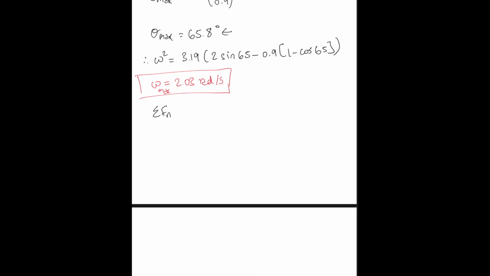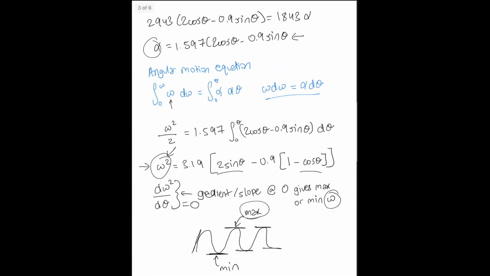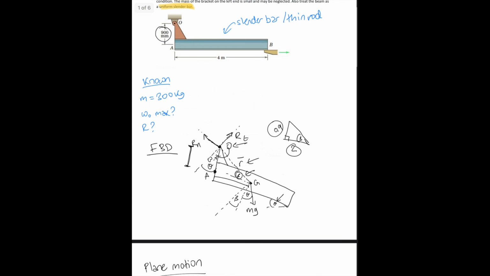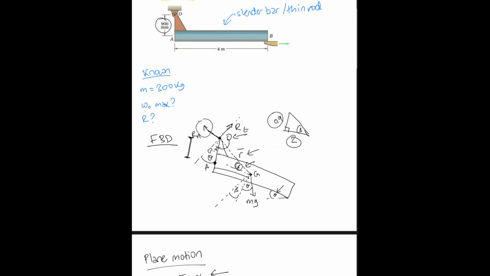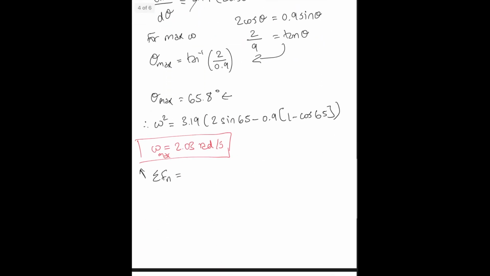Now we know that the sum of forces in the normal direction, let's say that this is the normal direction, because if we go back to our free body diagram over here, this is where Rn is pointed. So that's going to be equal to m r omega squared, right?